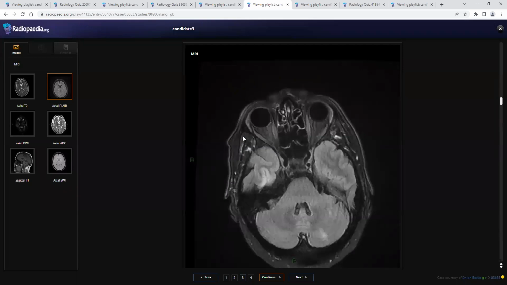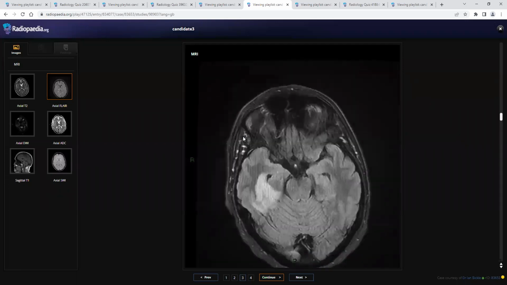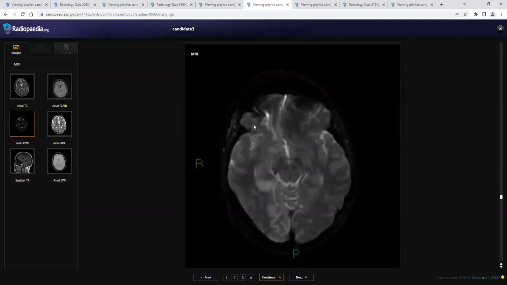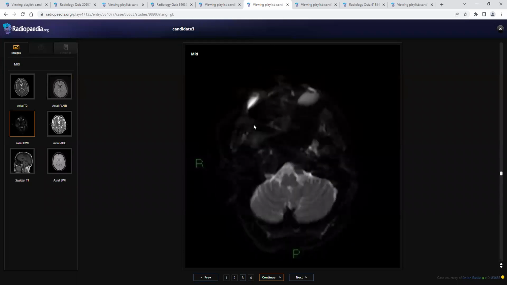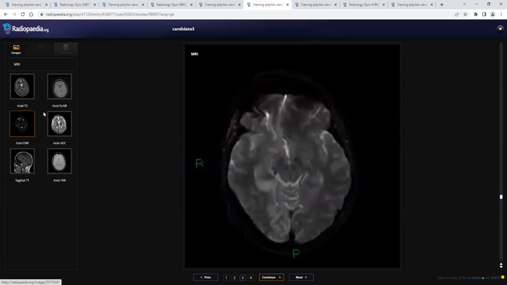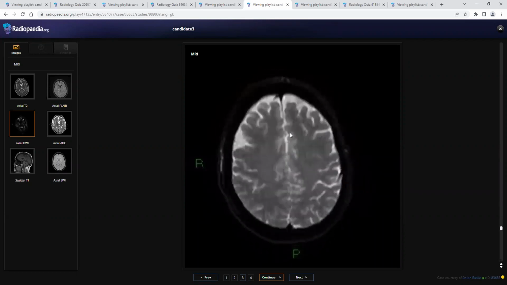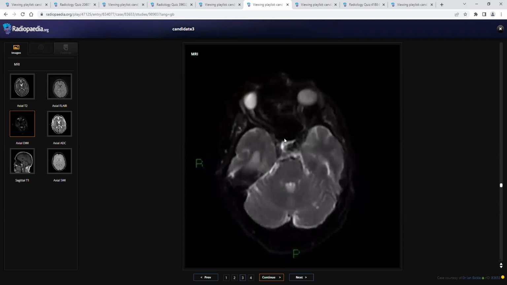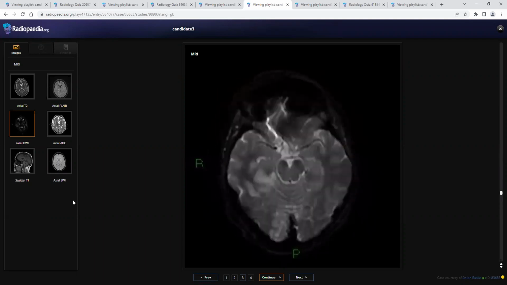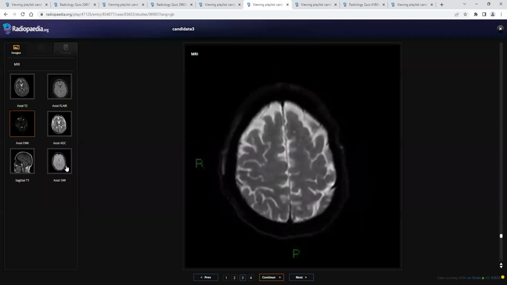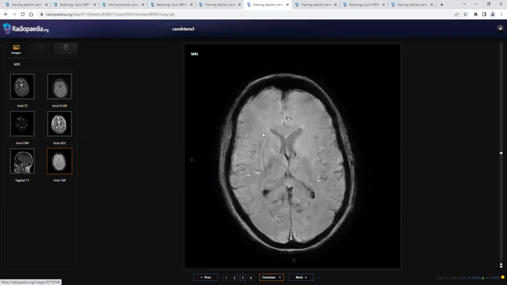So hyperintensity is seen in the right temporal lobe, and I would like to confirm my findings with the diffusion weighted images. Yes, this is diffusion. There is increased signal on the diffusion weighted images in this temporal area, so it is an infarct.